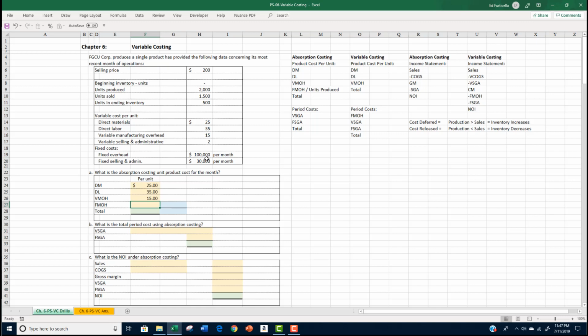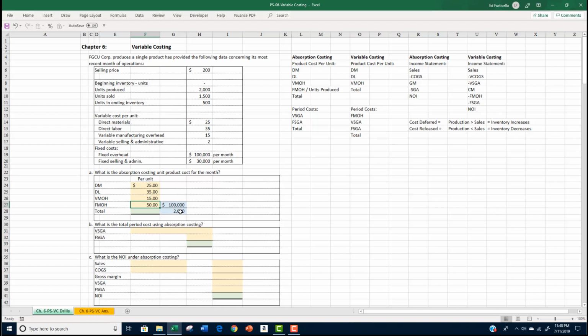Well, we don't want to put 100,000 here because we want to put everything on a per unit basis. To put the amounts on a per unit basis, we take that 100,000 and divide it by the units produced. So I'm going to put a line here. And then in the per unit information, we're going to say 100,000 divided by 2,000 units is $50 per unit.